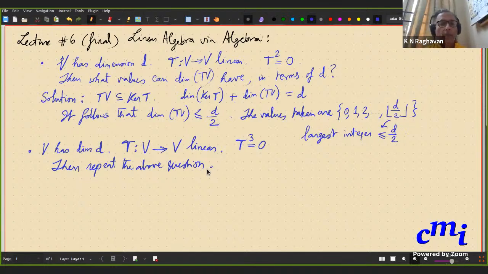So I want you to think about this question. Take your time. This is not explicitly there in the exercises, but it is there implicitly. If you do the exercises, then you will in particular have to understand this.